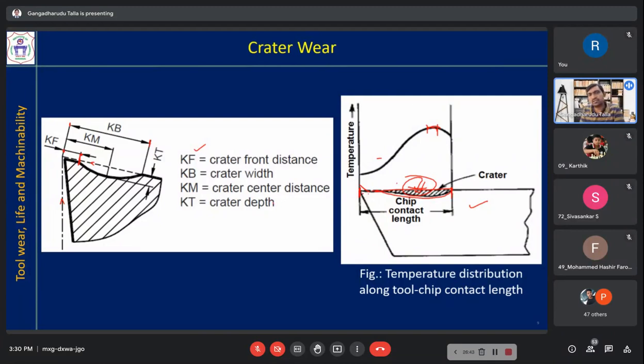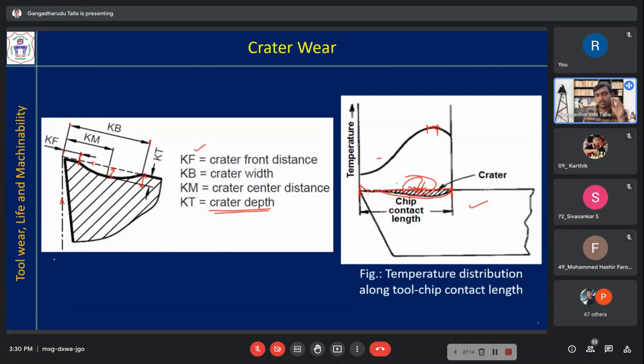KM is the crater center distance. So wherever the depth is highest, that is the crater center. So from that point to the edge of the cutting tool, that is KM. KT is the crater depth, the maximum depth of the crater. These are some features that you will measure, measurable parameters.